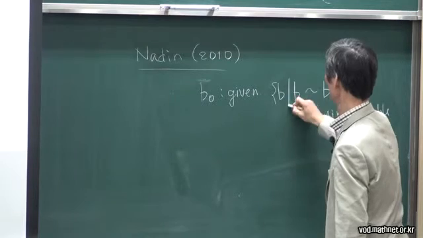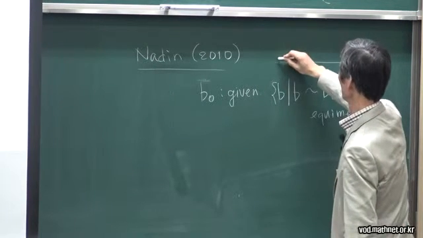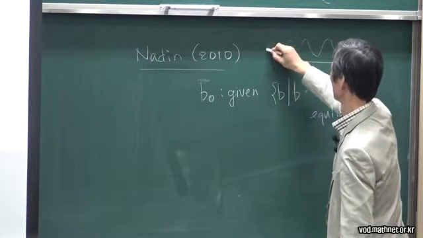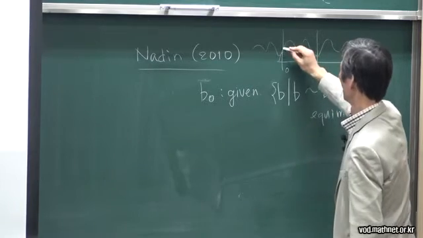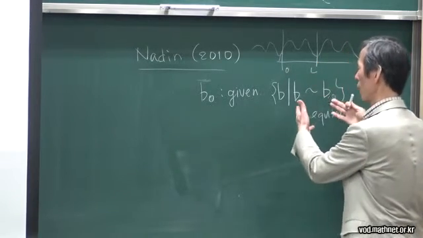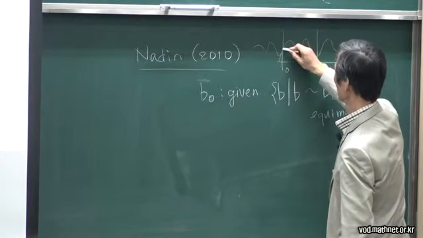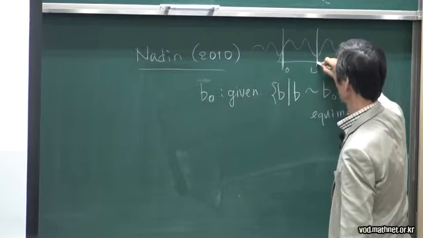So consider this set. Equimeasurable means that if you have a periodic function, just look at one period. Everything has to be periodic with the same period. So all you need to look at is one period.